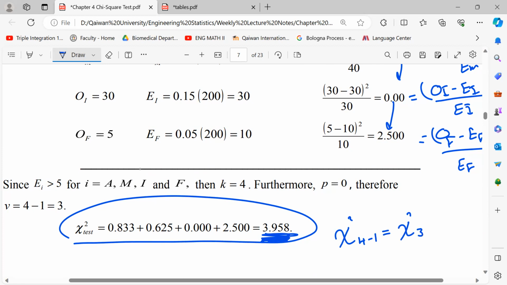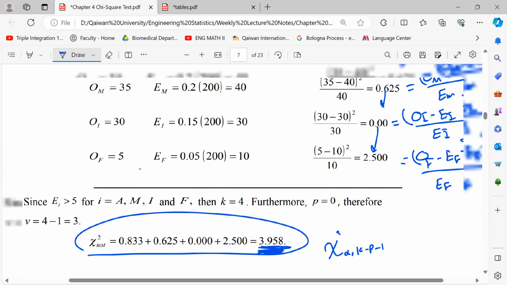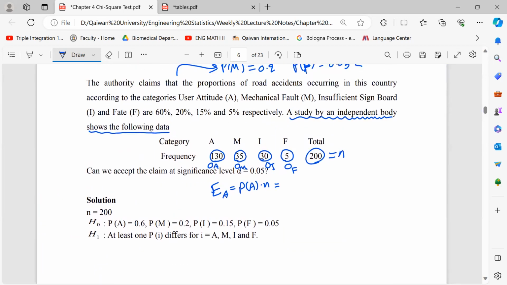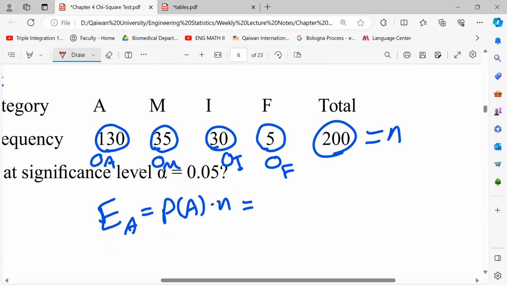Chi-squared of 3, sorry, we haven't written down alpha. Let me write down alpha first. Chi-squared of alpha and K minus P minus 1. P here is 0, and alpha is given, as you see in the example. It's 0.05. It must be given.